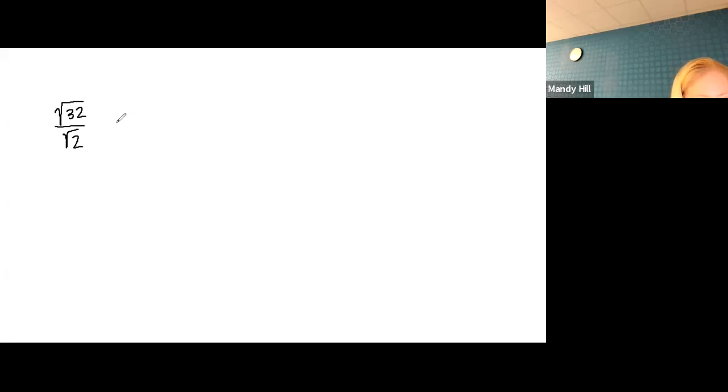I know that 2 is prime, so there's really not a lot I can do with that. But I can look at 32. And 2 will go into 32 16 times. 2 will go into 16 8 times. 2 will go into 8 4 times. 2 will go into 4 2 times.